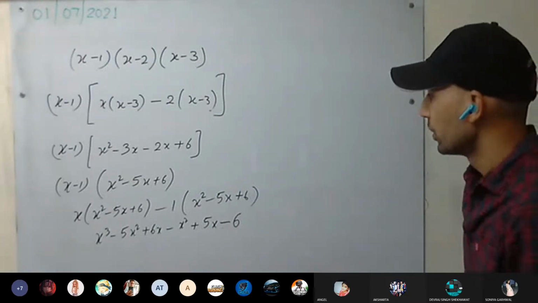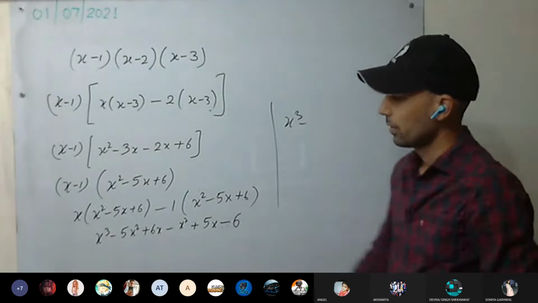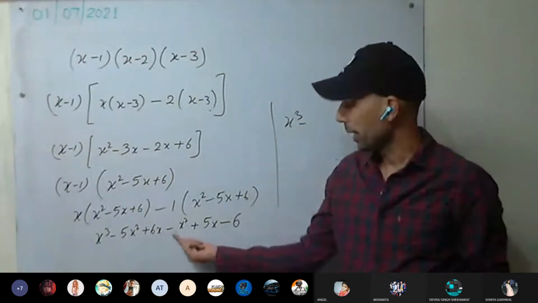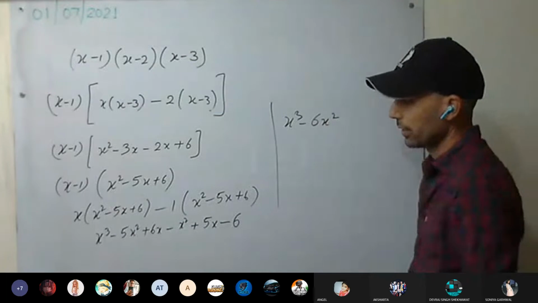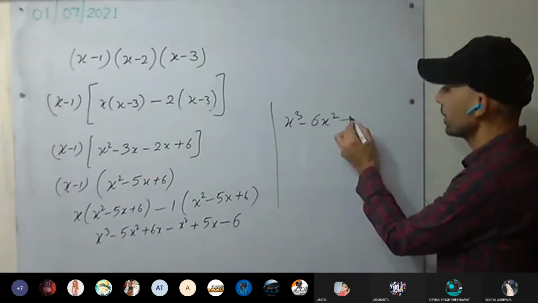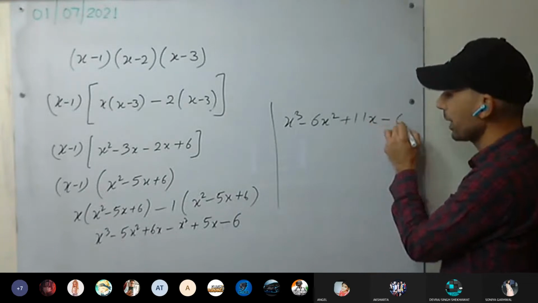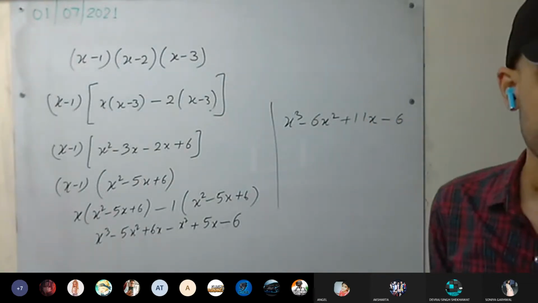So x cube, minus 5x square minus x square is minus 6x square, plus 6x plus 5x is 11x, minus 6. This is the answer you will get.